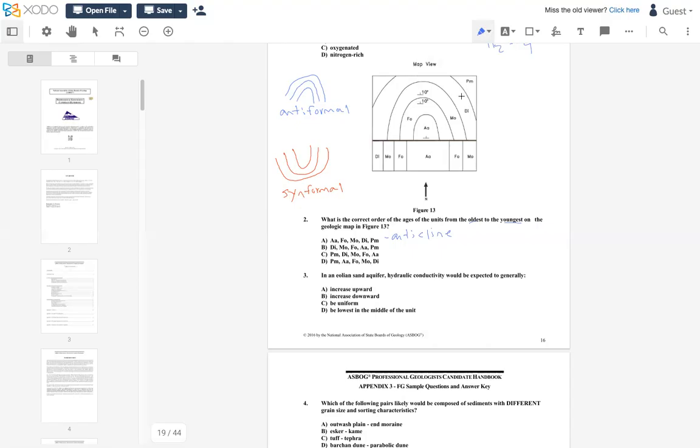So D is the oldest, MO, FO, AA, and then PM. This is saying that the youngest unit and the oldest unit have a contact with each other. So we have to remember our original principles of geology, so original horizontality, lateral continuity, they still exist, and we need to apply them in our thinking.